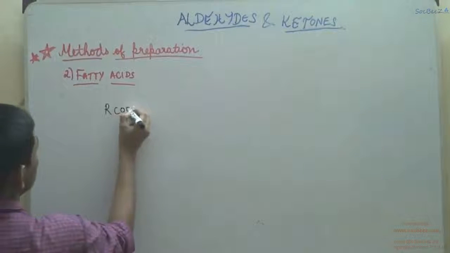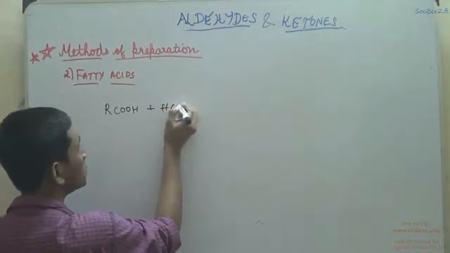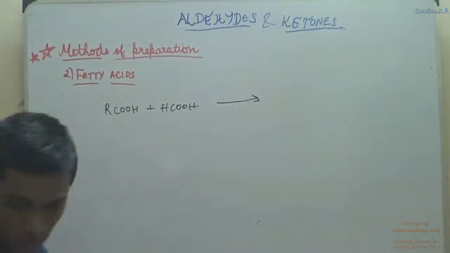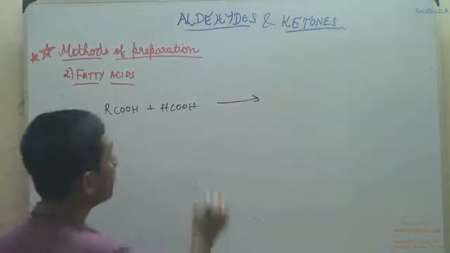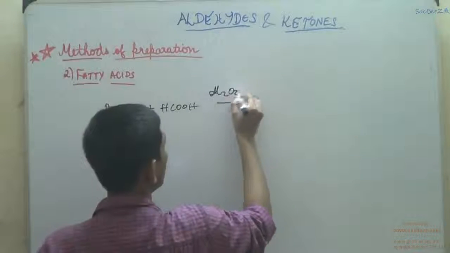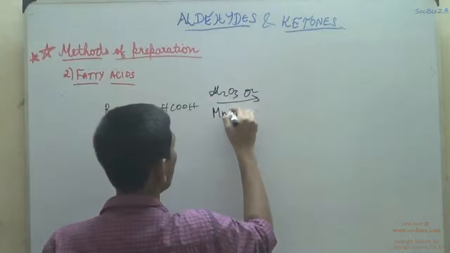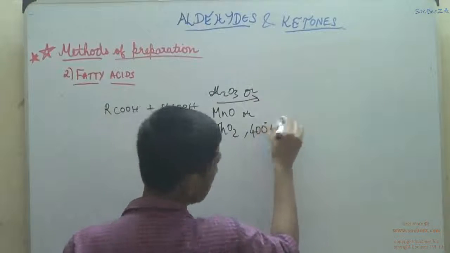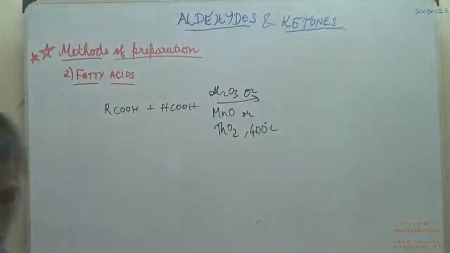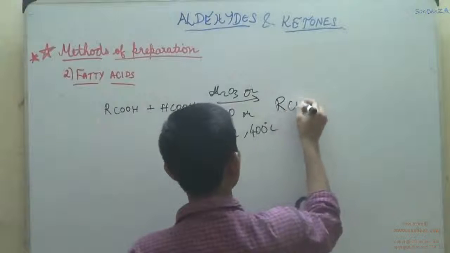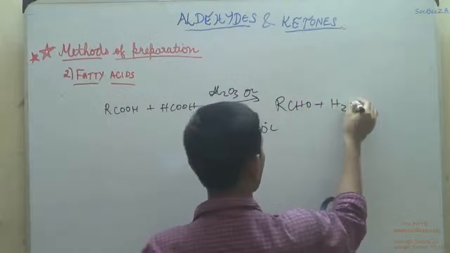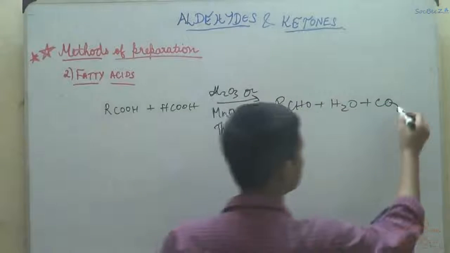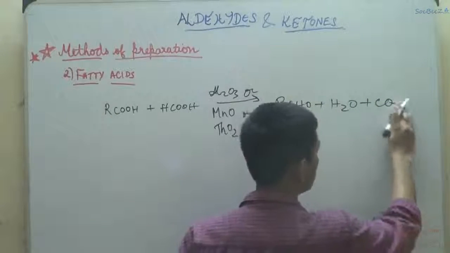You use RCOOH plus HCOOH in the presence of either Al2O3 or MnO or ThO2 at 400 degrees Celsius, and the product is your RCHO plus water plus carbon dioxide.